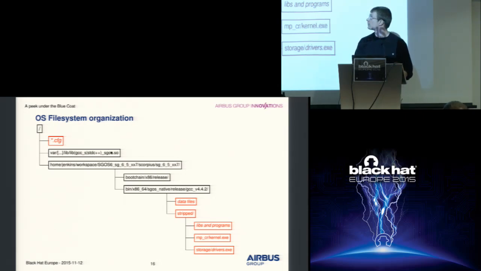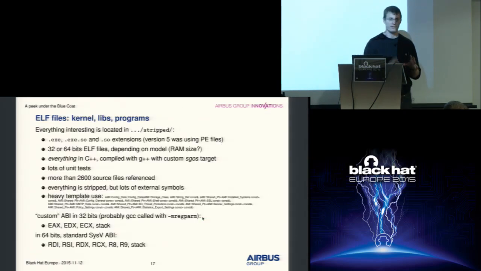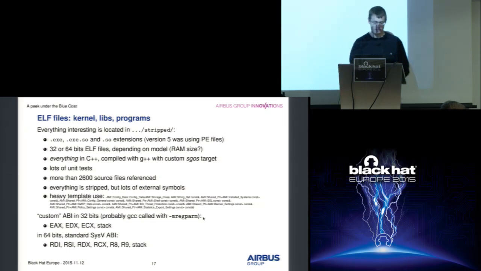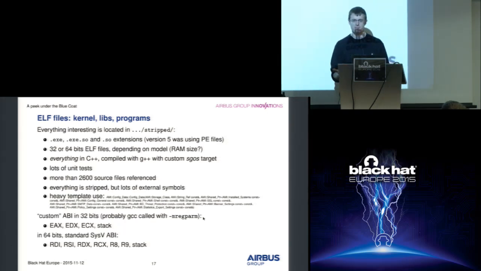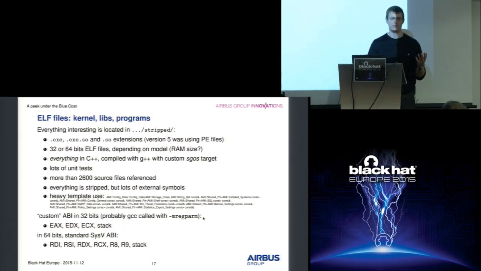If you go back into stripped, you have all the binaries. The binaries are ELF files. Everything is in ELF files. The extensions are kind of weird, because they are ELF files with .exe and .so extensions. I guess it's because version 5 was not using ELF, but using PE.